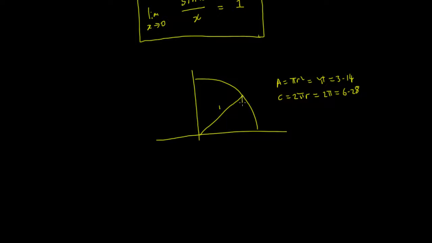Now if I was to drop the perpendicular from here to here, and we'll call this arc here x. That means that that little angle there is x, because x is that angle in radians. Then we can see geometrically that this height here is the sine of that angle, so that there is sin x, and this length here is x.